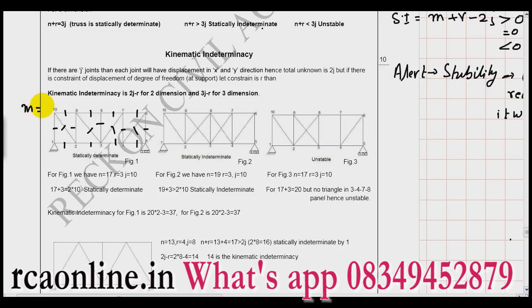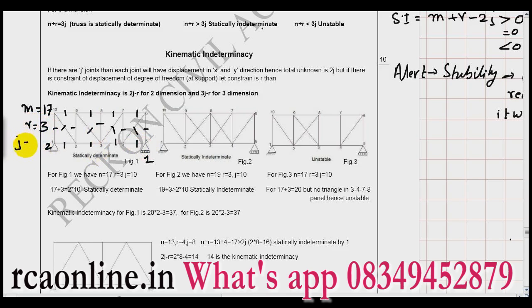So, m is equal to 17. Now, how many are reactions? 2 reactions here and 1 reaction here. We will not have any fixed support in a truss because there is no moment. So, the supports will always be either hinge or roller. So, R is equal to 3.